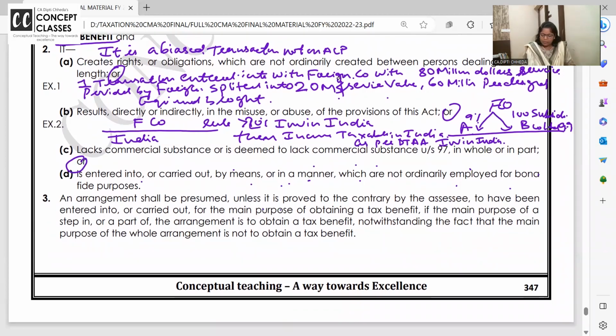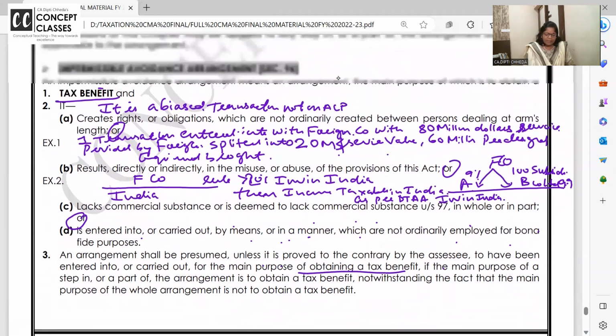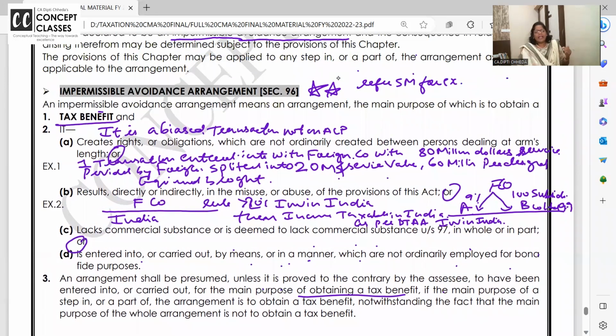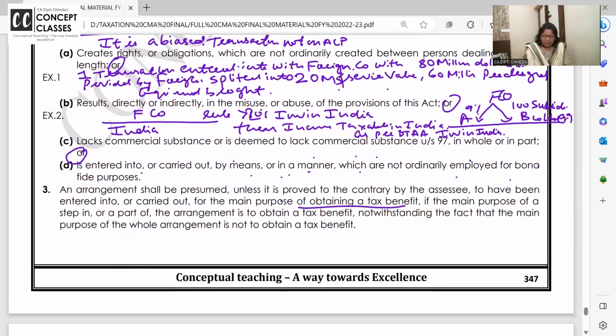An arrangement shall be presumed unless it is proved to be contrary to have been entered into or carried out for the purpose of obtaining a tax benefit. वो तो first है. And second है कि it's not legal, it is abusive, it is lacking commercial. मतलब एक ही बार हो रहा है या commercially practically तो ऐसे नहीं होता है.